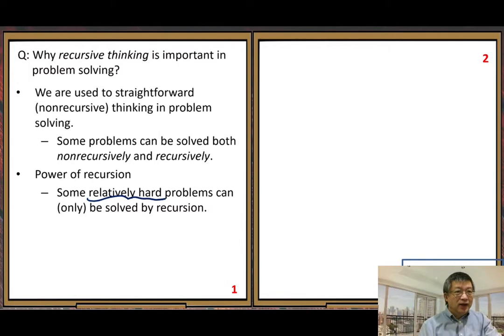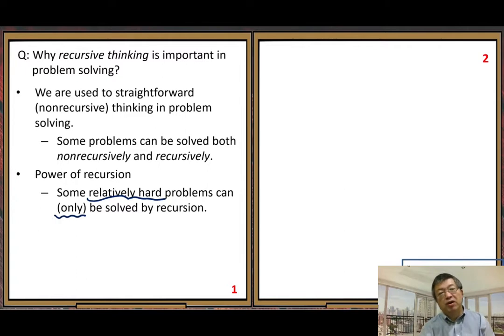Another thing I want to point out is that some relatively hard problems can only be solved by recursion, but I put it in parentheses, because some people may argue about it. Based on our textbook, the author thinks any problem that can be solved by recursion can also be solved by the non-recursive method.